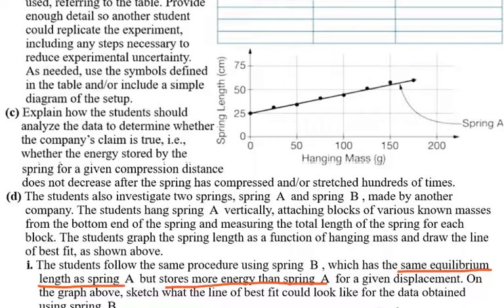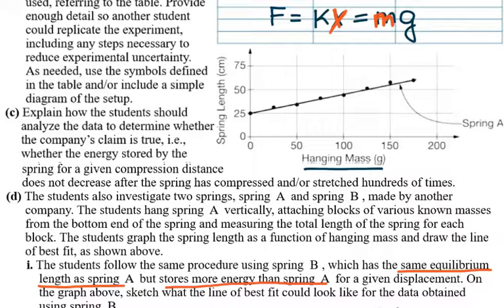Spring length and mass hanging. I have a relationship: F is equal to kx, and the force acting is mg because they're hanging the mass. They tell you the mass, and this is the length. So in my graph, this is my y-axis, and this is my x-axis.